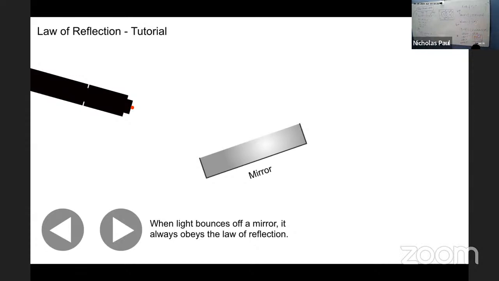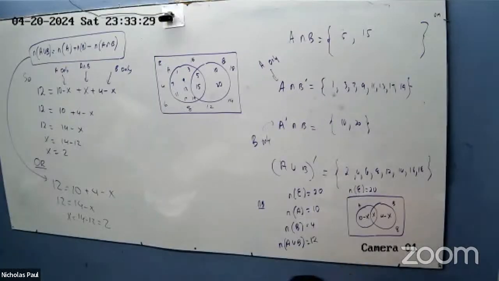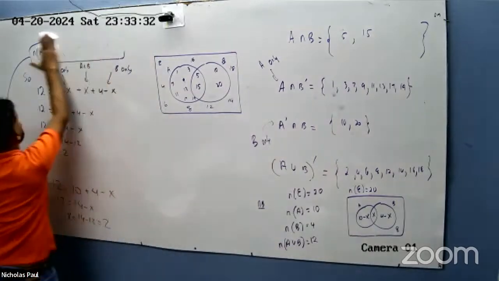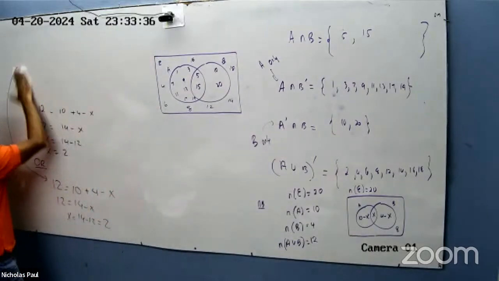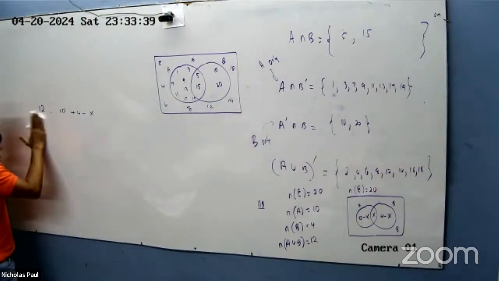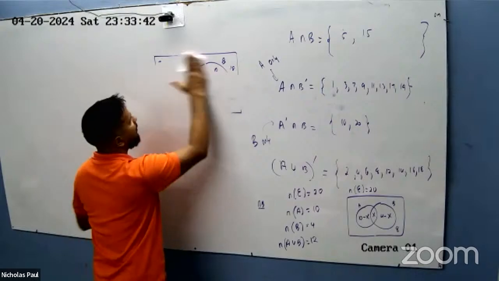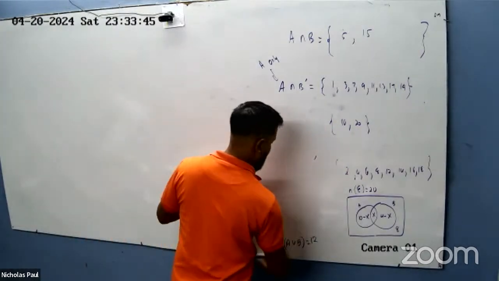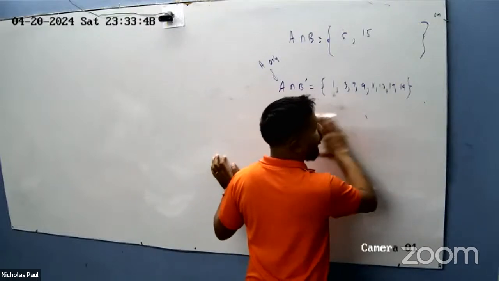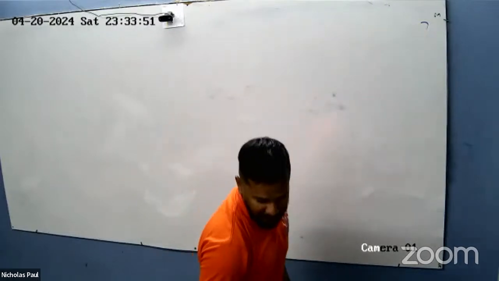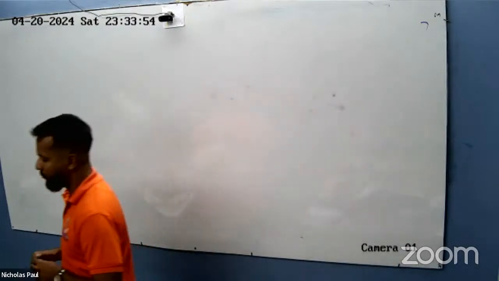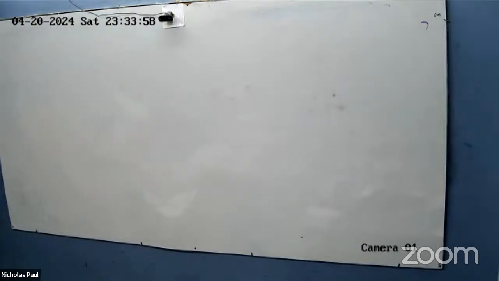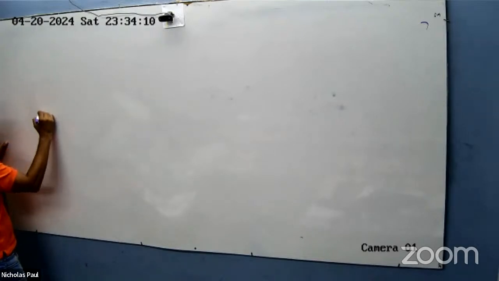The second thing I want to note is that the angle is always measured between the ray and the normal.